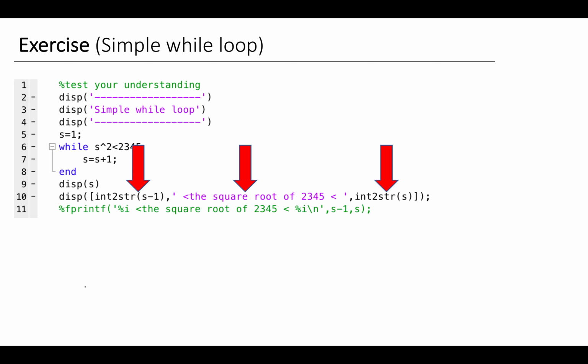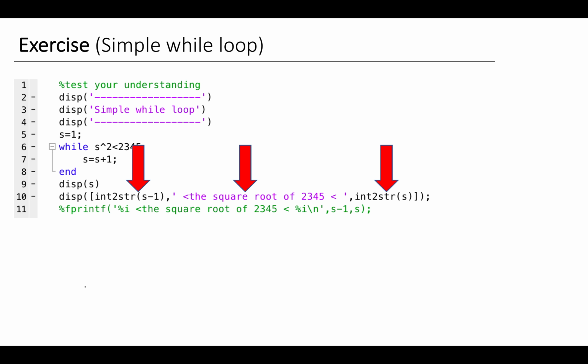The outside parts, the first and the third component of the vector, I don't know what the numbers are until I run the code. So I want these to be S-1 and S. If you put S-1 and S in quotation marks, it'll just print S-1. Actually, we want the values for them.